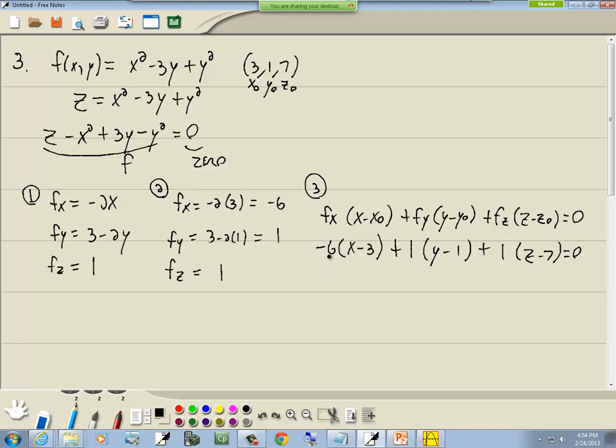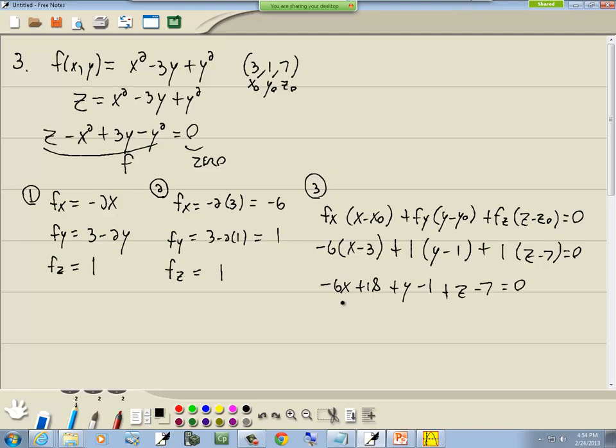And let's multiply this through. Negative 6 times x. What if they leave it in this form? But negative 6x plus 18 plus y minus 1 plus z minus 7 equal to 0.